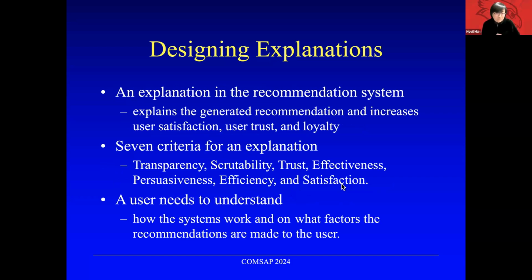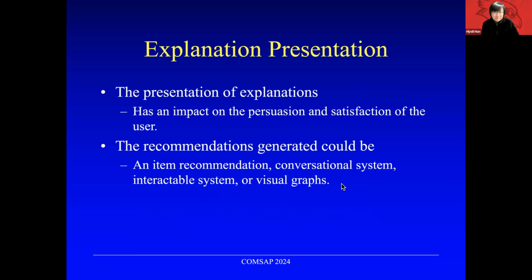We want to improve all these criteria to provide a better explanation. The user needs to understand how the system works and on what factors the recommendations are made, so as to improve the trust between users and recommended items.